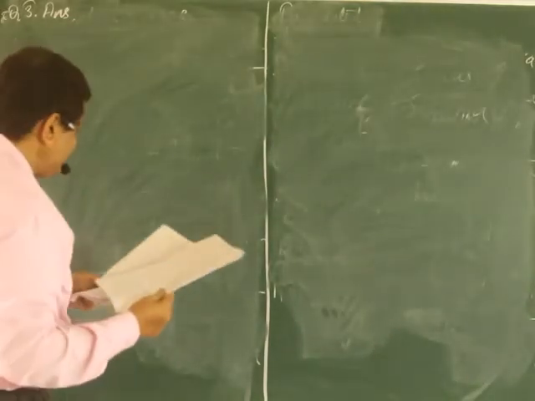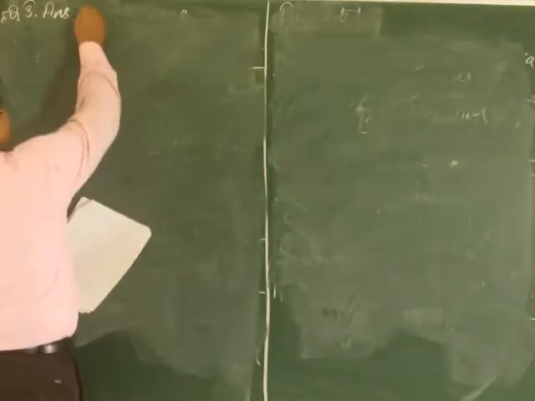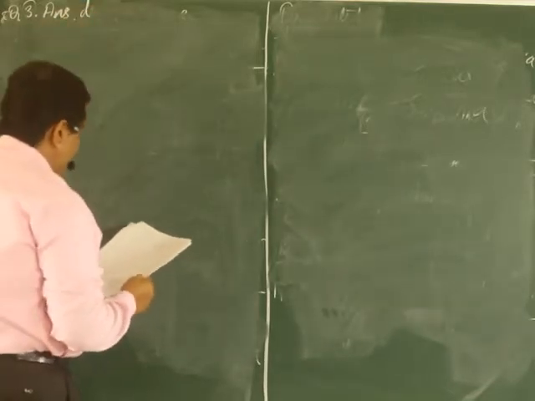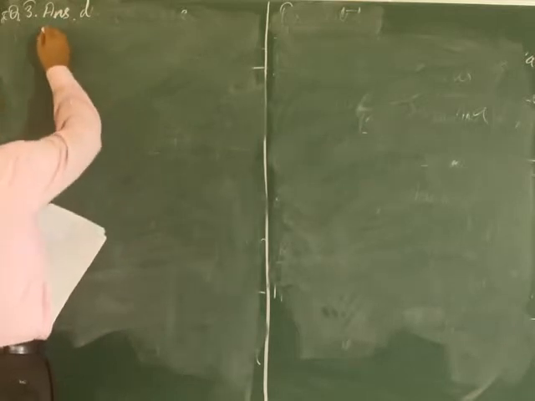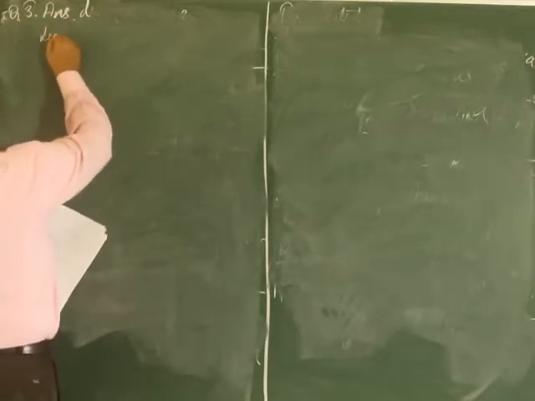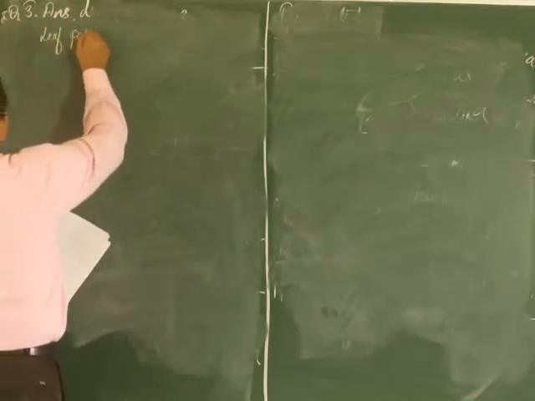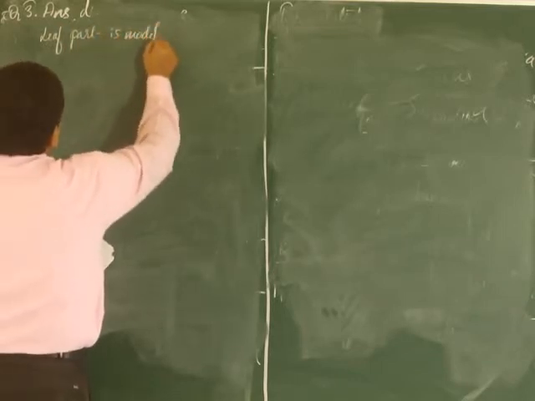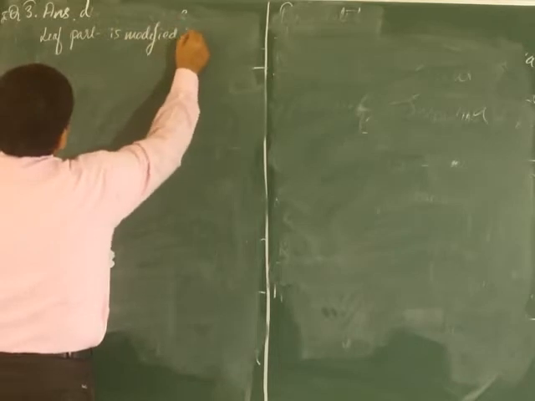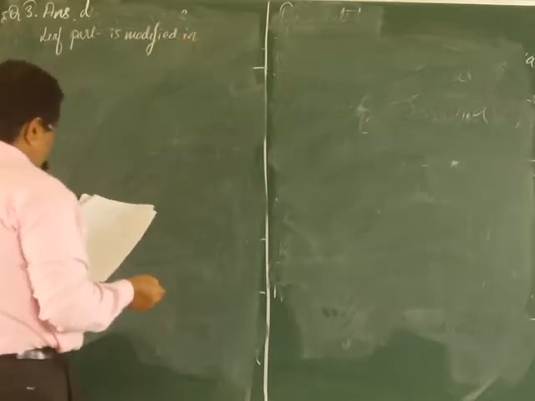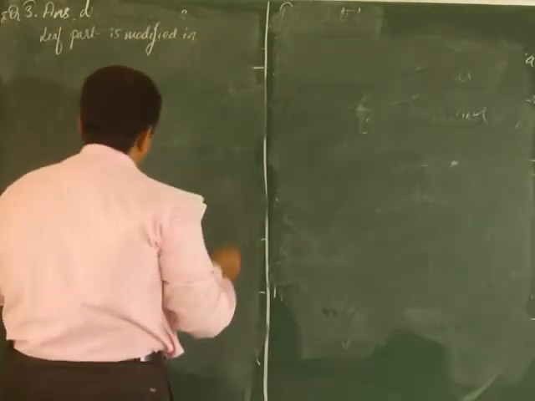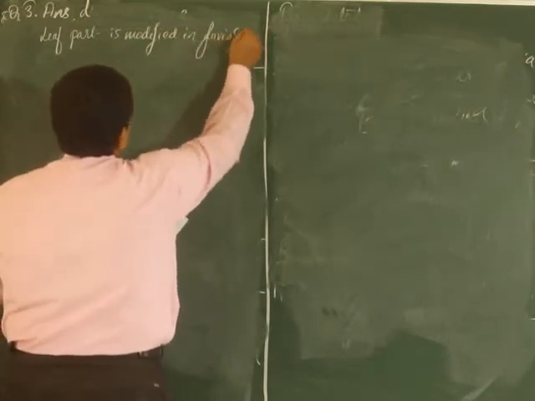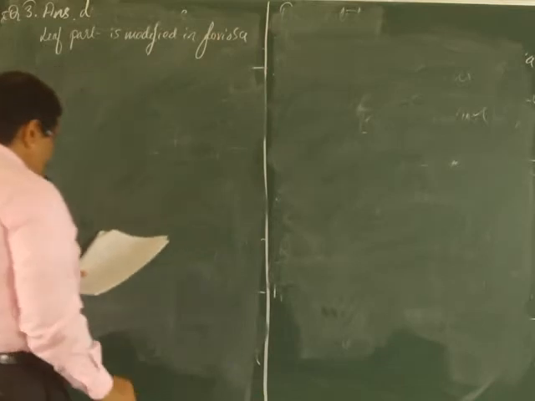The answer for this is D. Answer they are saying is D, because leaf part is modified in Gloriosa. Leaf part is modified.